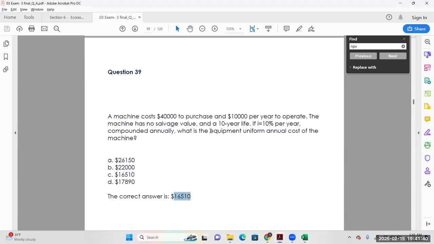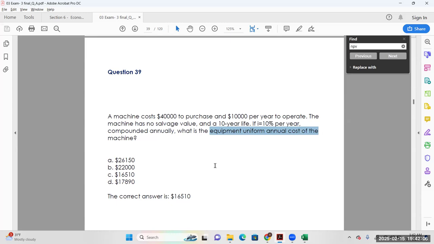Got it. So you need to memorize that equivalent uniform annual cost means NPV divided by the P by A factor, because somewhere it is given in the presentation also. See, NPV divided by the P by A factor. So this one you need to memorize.